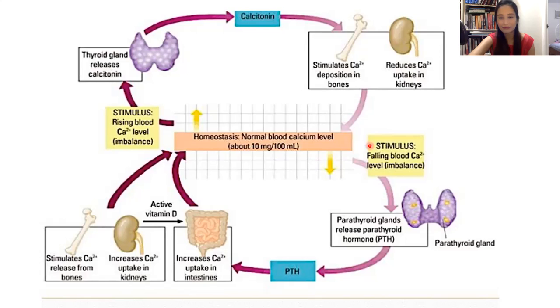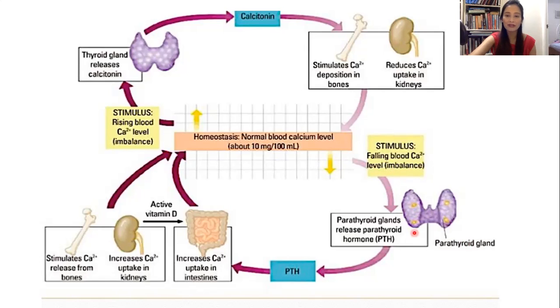No? If there is a low calcium level, what will happen? Remember that your low calcium levels will be sensed by your calcium sensing receptor. It will not be bound by calcium because the calcium will not attach. No?